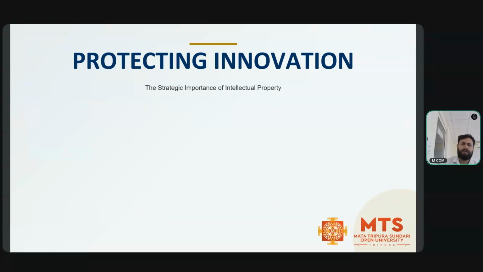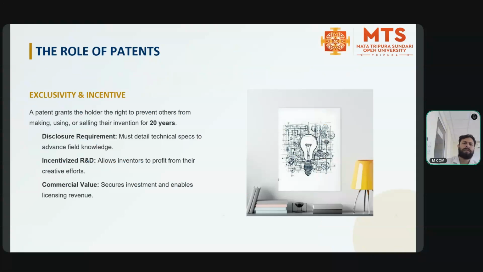Protecting innovation. The strategic importance of intellectual property. The role of patents: exclusivity and incentive. A patent grants the holder the right to prevent others from making, using, or selling their invention for 20 years.